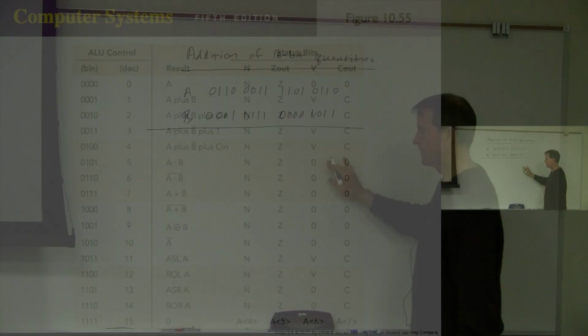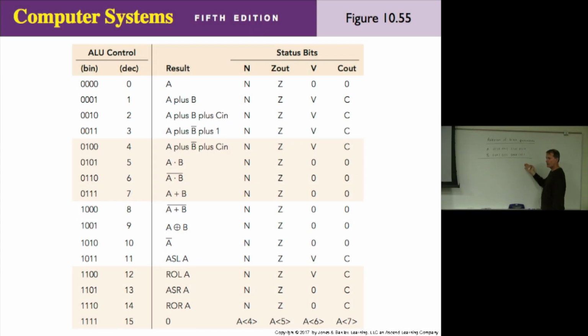All right? So how would we add this? This is a real simple example. How do we add using our 4 functions that we have with the ALU? What's the first thing we would do?